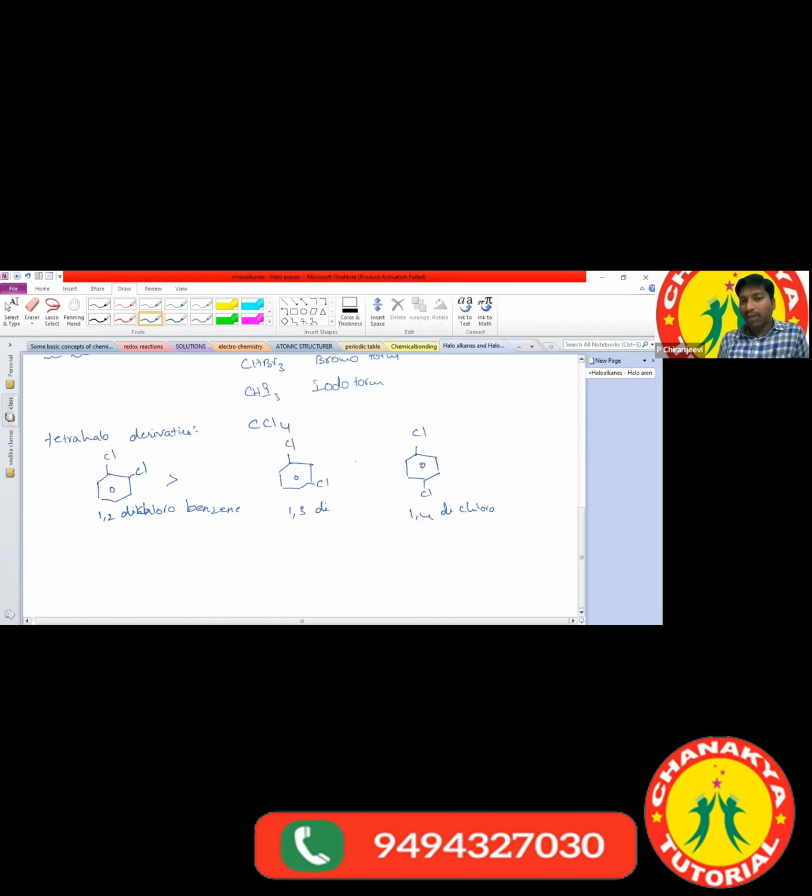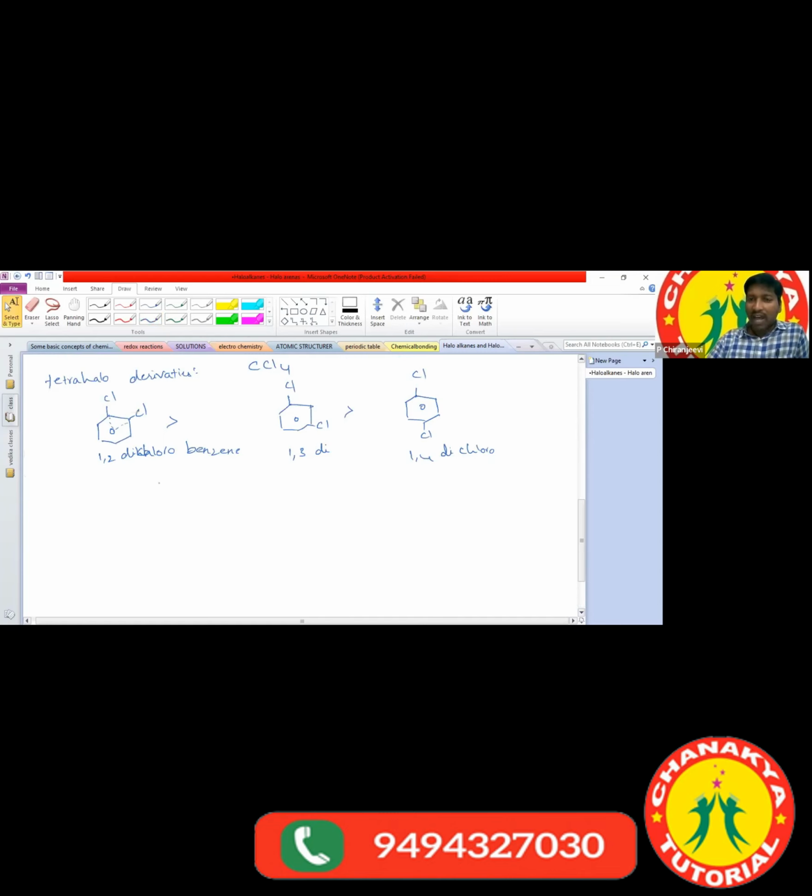The first one has the greatest dipole moment, after that the second, after that the third. As the bond angle increases, the dipole moment decreases. So the first one has the lesser bond angle and greater dipole moment. Clear?